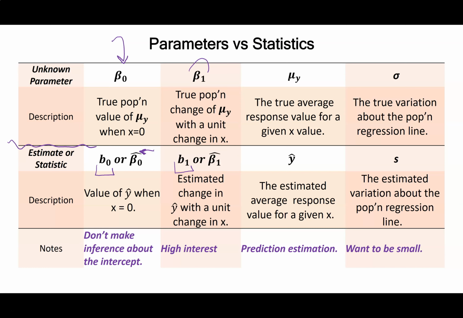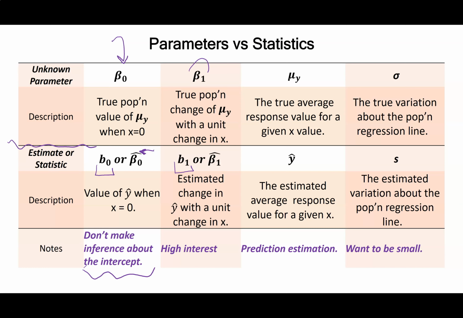So things to know, we usually don't try to make statements about the population y-intercept. We might go ahead and say, given our least squares regression line, we predict this. But we're usually not going to run hypothesis tests or confidence intervals on beta 0.